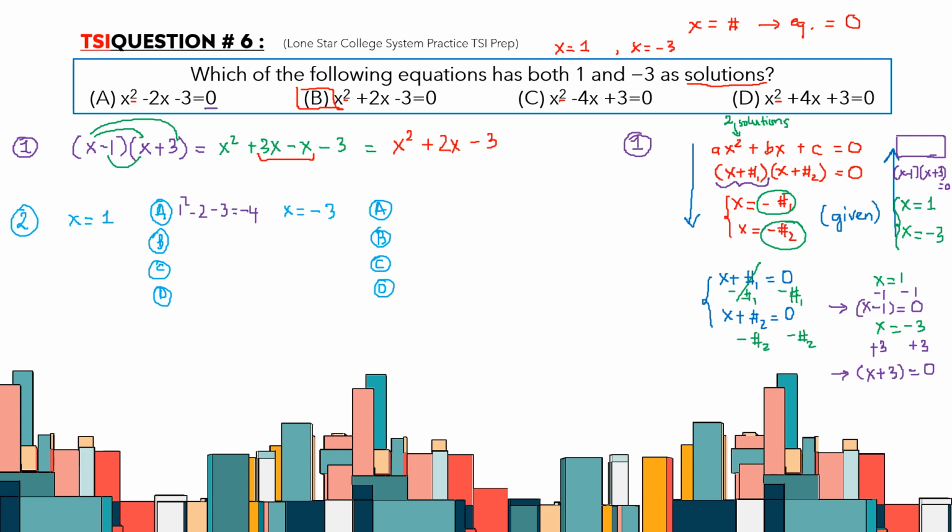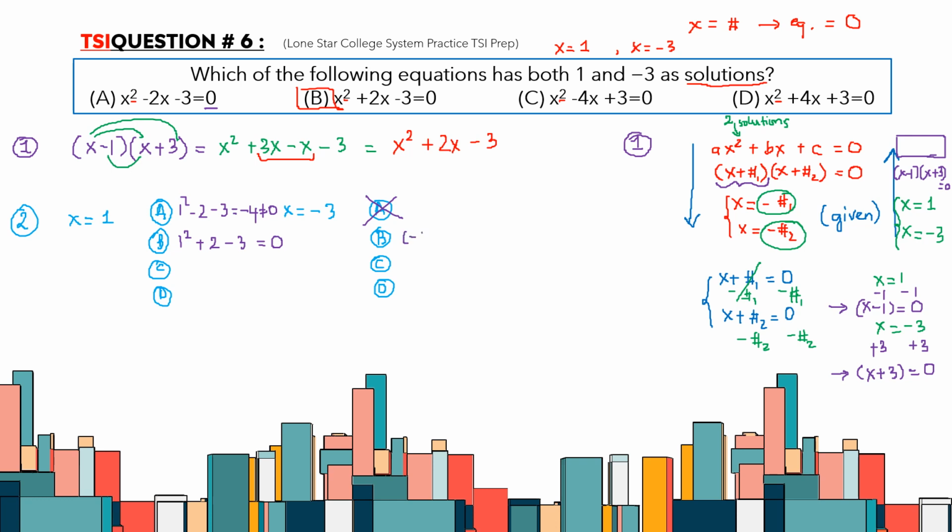We only plug into the left-hand side of the equation to check if it's 0. If it's different from 0, we don't have to check this answer. Now we try B. With x equals 1, we have 1 squared plus 2 times 1 is 2, minus 3. That equals 0.